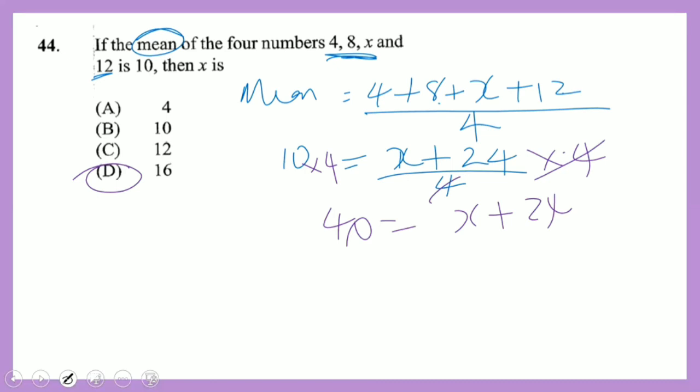It's a multiple choice paper, so if you pick 16, you circle it. But remember, if the average for four numbers is 10, you know that when all the numbers add up, you get 40. So you could do that in your head: 4, 8, and 12 are 24, so the next number must be 16, because I need to add up to 40.